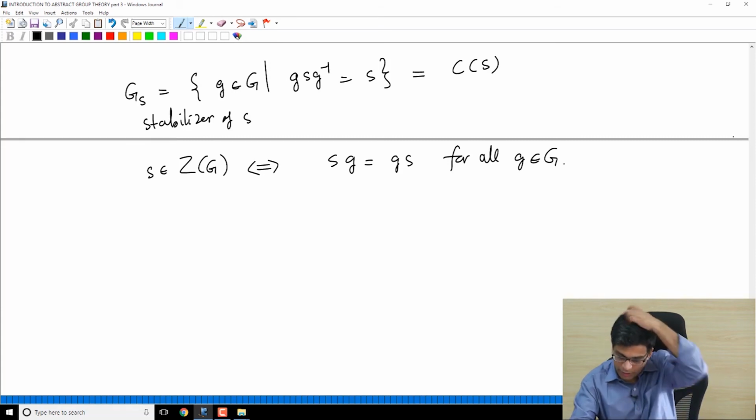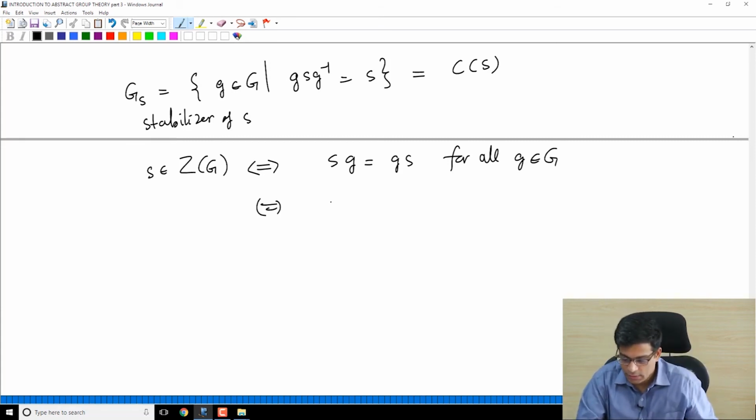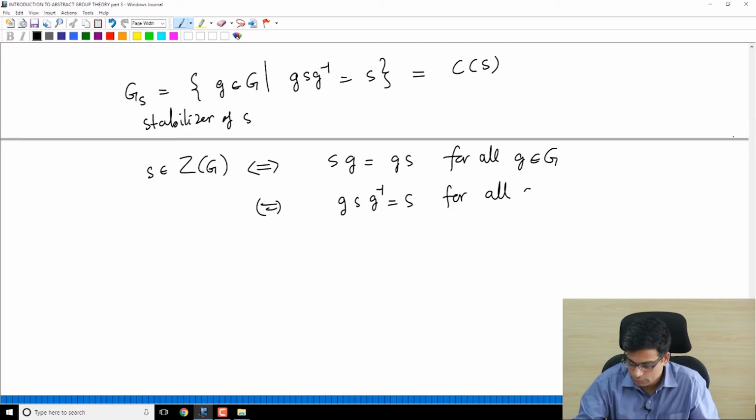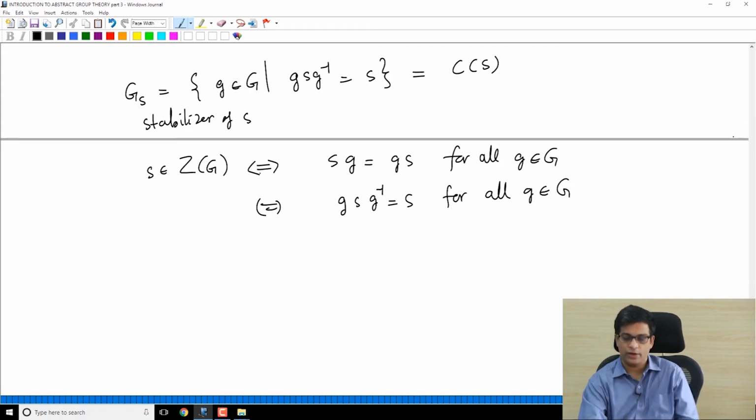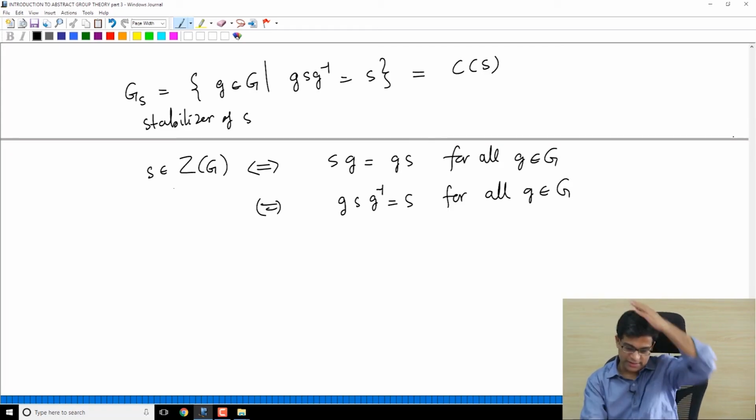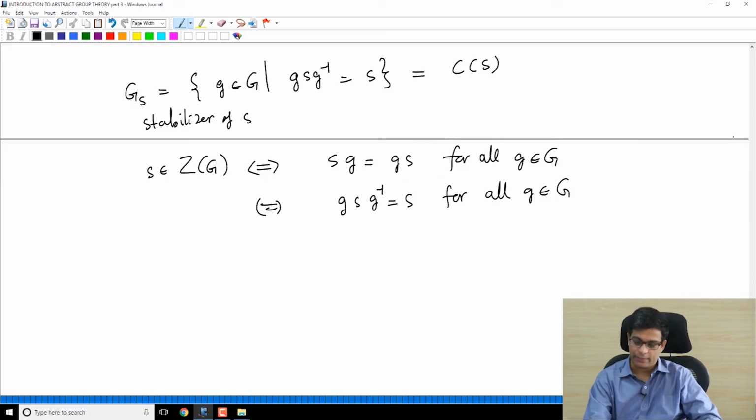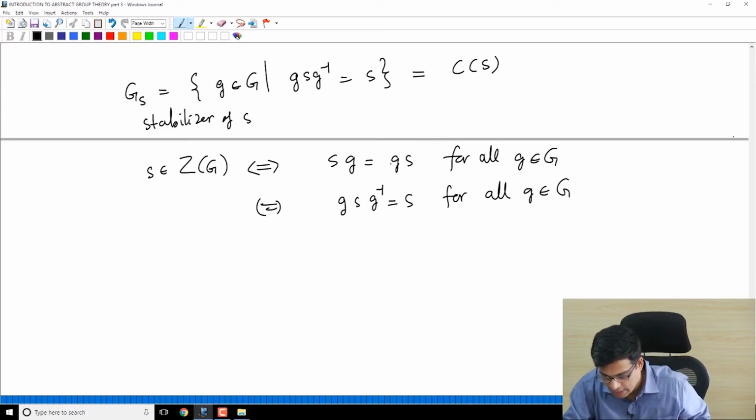This is the meaning of being in the center, which is the same as g s g inverse is s for all g. These are all if and only if, right? They go back and forth. If s is in the center, this happens. If this happens, then s is in the center. This is clearly equivalent to this.